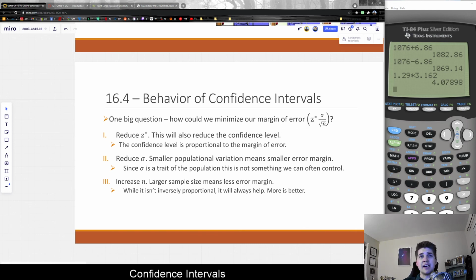And lastly, we could increase n, the sample size, basically meaning take more data points. The more data points we get, the more confidence we can have in our prediction. That's another basic thing, like going back to the law of large numbers. The more and more samples we take, the closer it will be to the actual mean, summarized by this calculation.